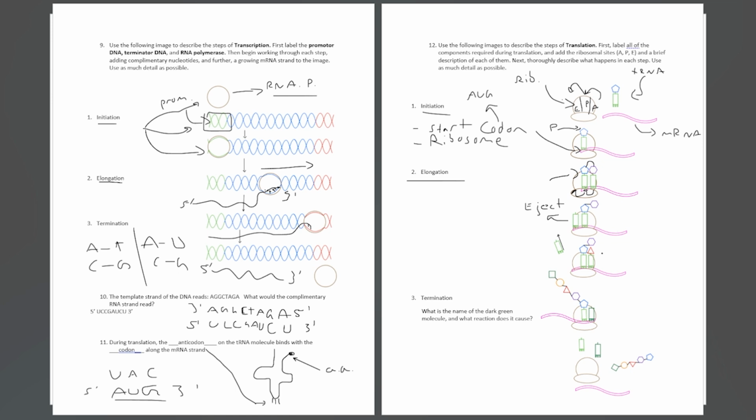Then another tRNA gets added to the ribosome. We have another tRNA at the A site, and it's the same process. This amino acid attaches to the other amino acid, and then the process goes on and goes on. So that's how we make an amino acid chain, right?